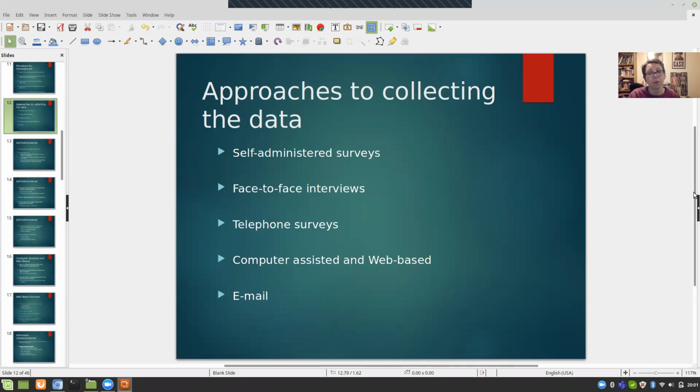And oftentimes with community problems, we do work on a little bit of a smaller scale. Okay, that's all I'm going to say about those. Obviously, email, pretty straightforward. You can email a survey to somebody and have them send it back to you. But if you're already using the internet, why not go ahead and put it on the web?